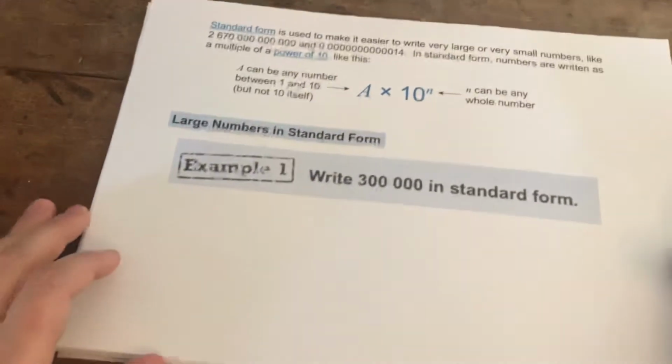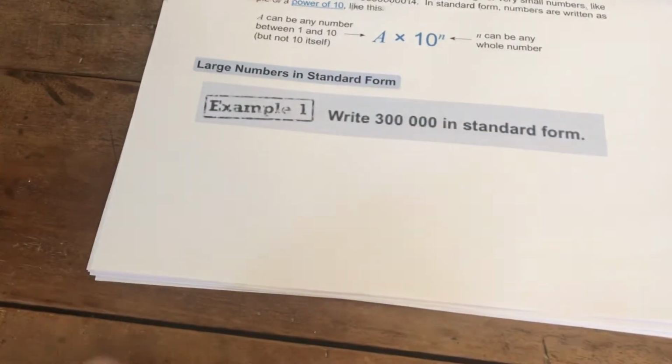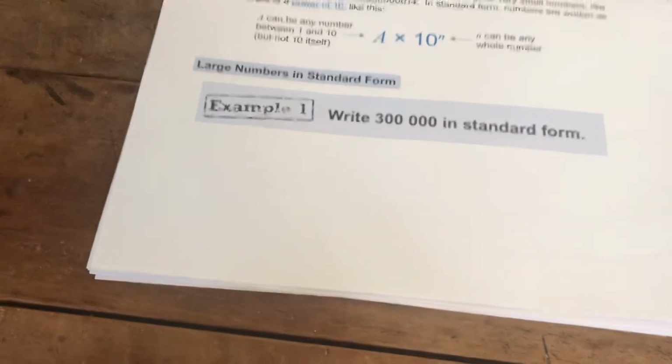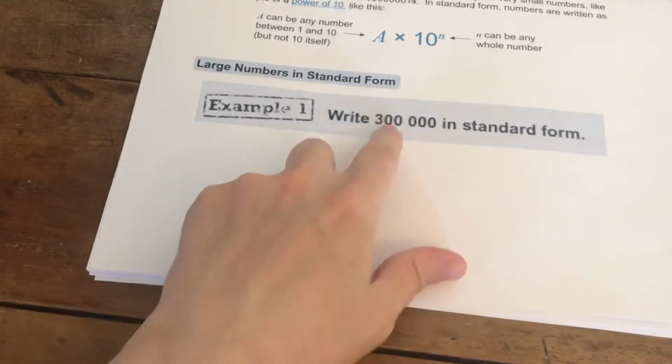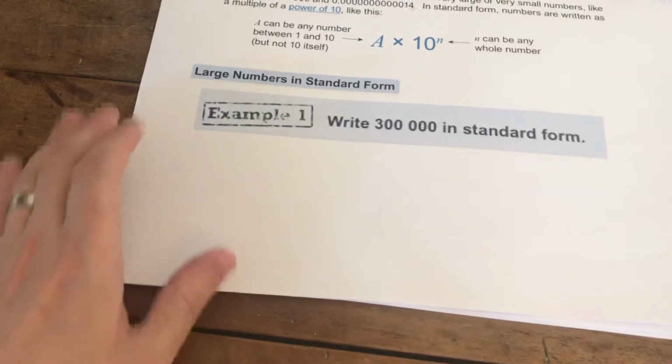If we have a look at these two examples, one of them may be on your knowledge organizer, one of them may not. The first example says write 300,000 in standard form.